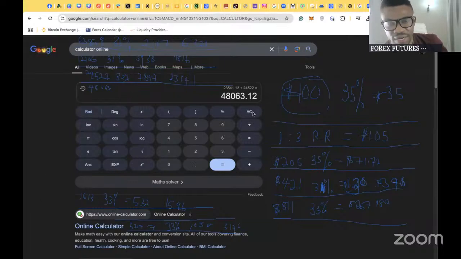Okay, let's go back now to say, if we are here now, we are risking, well, let's do 32%. Do you think that will do? Let's check. 32% times 48,063.